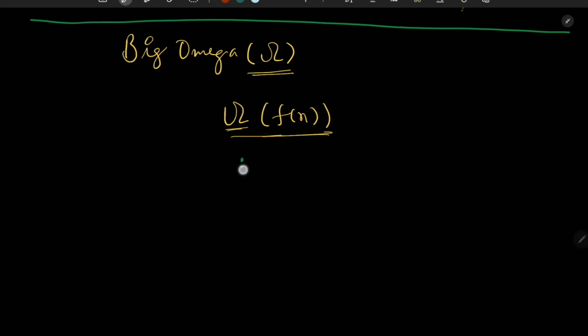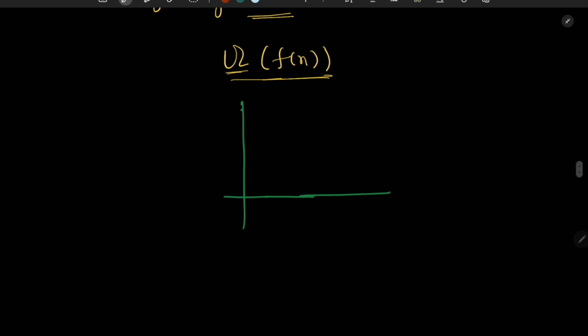So let's have this graph wherein this is going to be the time axis, this is going to be the input size, and there is a function f(n) which is like this, and then there is another function, let's say c of g(n).